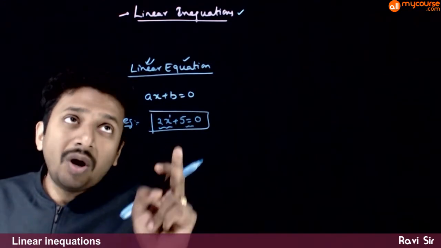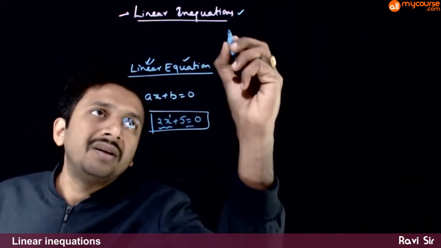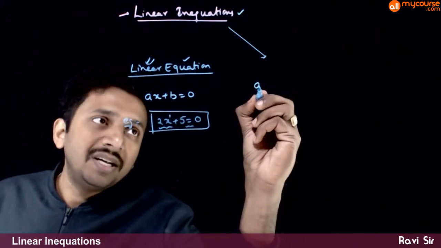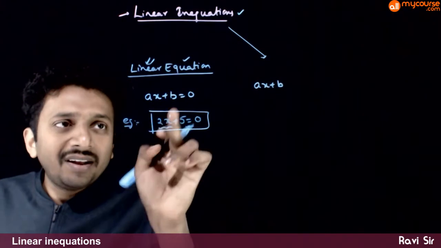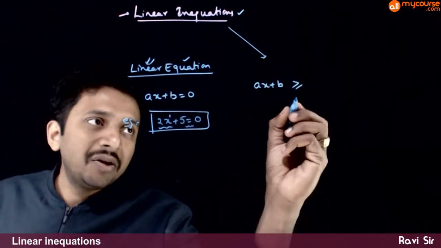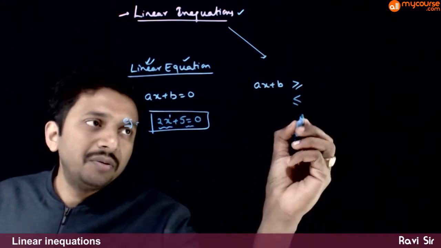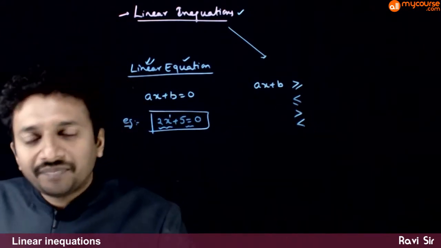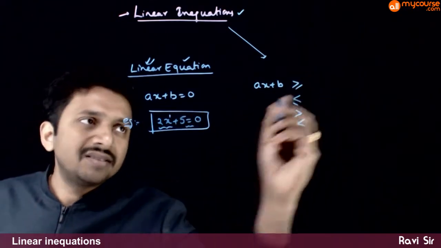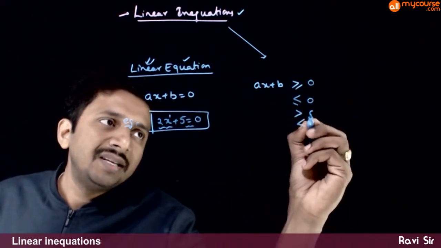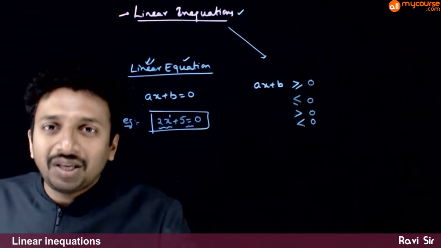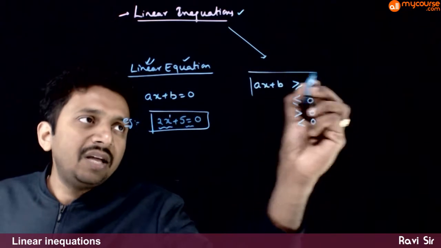Now, what is a linear inequation? A linear inequation is a linear equation itself where the equality is replaced by any one of the signs greater than or equal to, less than or equal to, greater than or less than. If equality is replaced by any one of these signs, then such equations are called inequations.